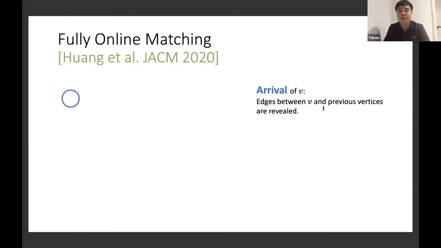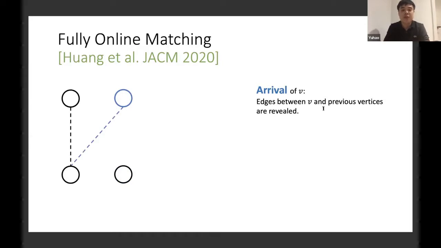So what happens at the arrival time of a vertex v? We will not only know the vertex, but also the edges between v and previous vertices. Let's see the example. When the second vertex arrives, we know that it is connected to the first vertex. And then at the third vertex's arrival time, we know it is not connected to any previous vertices. And then someone arrives.